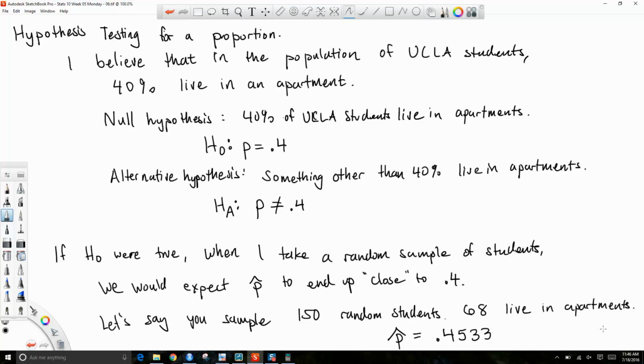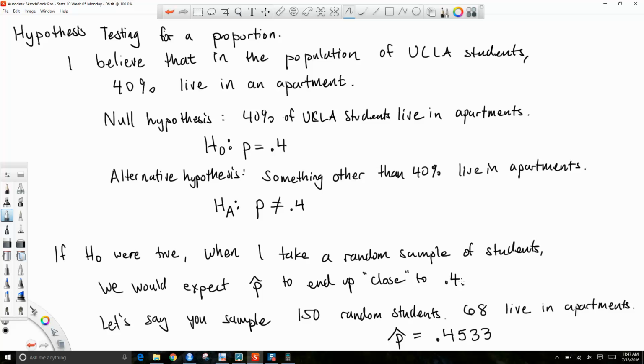We're going to compare the difference between 0.4 and 0.4533 to the standard error, which is the standard deviation of the sampling distribution. Essentially we can get a z-score for this value 0.4533. We can see how far away this is from the mean of 0.4, because if our null hypothesis were true, we would expect our p hats to be centered around 0.4.